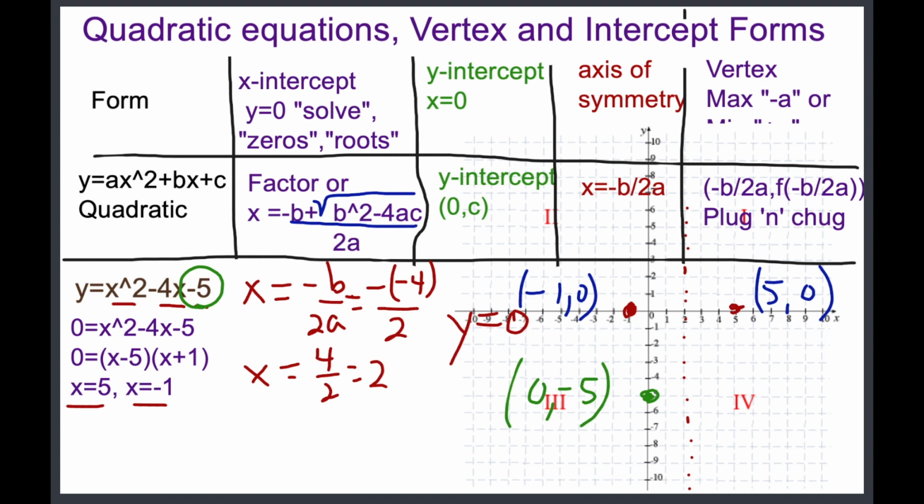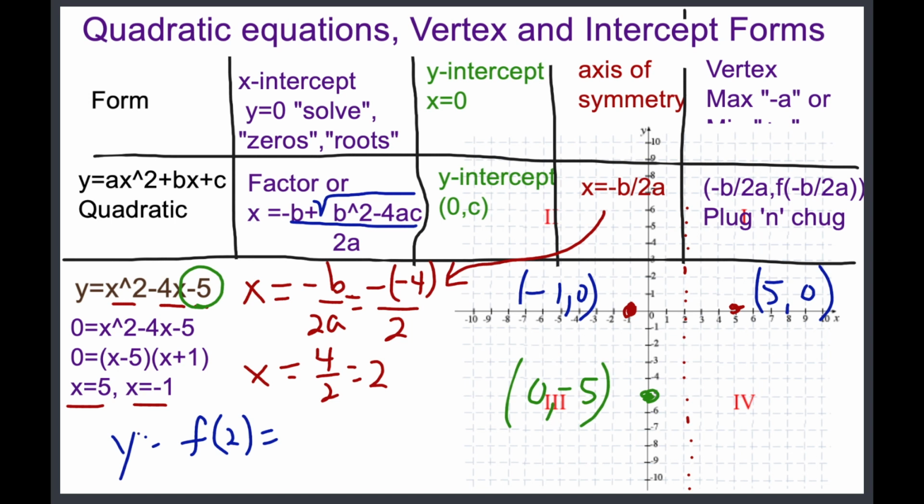So we did find the axis of symmetry. The next thing we want to find, and the last and final thing, is the vertex. So once again, we take this x equals 2 and we plug and chug. We plug it into the original equation, f at 2. That's what y means here.